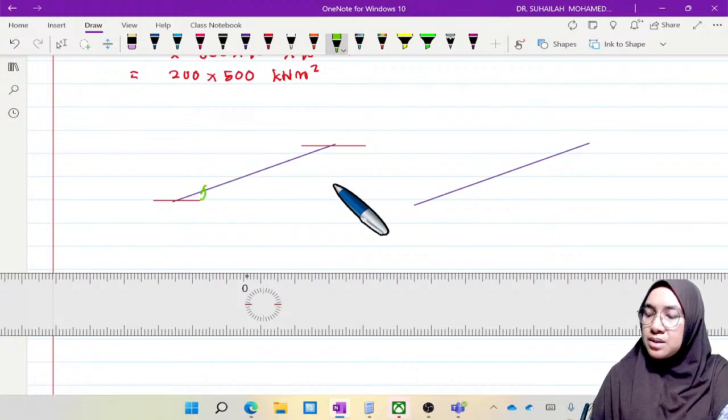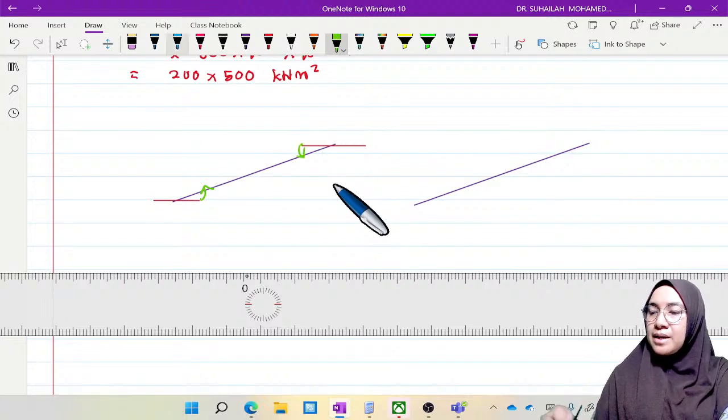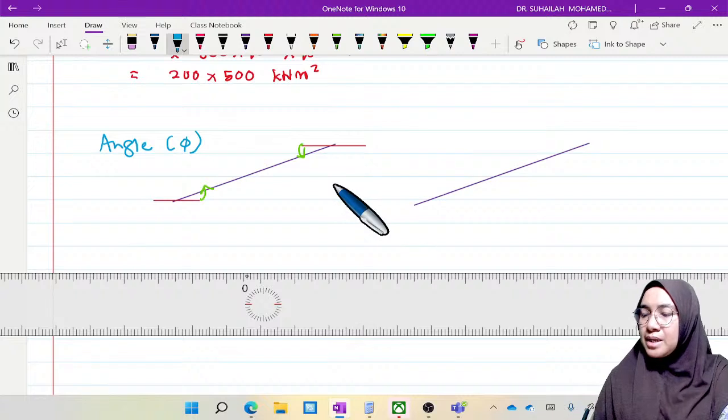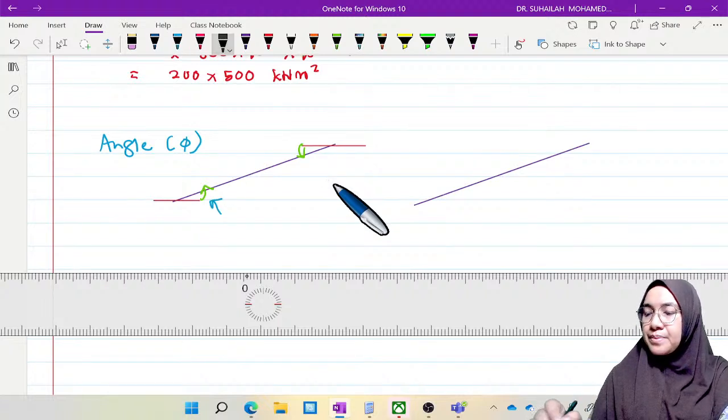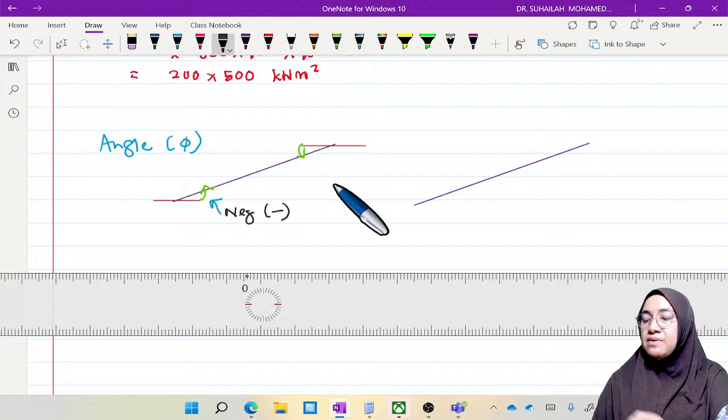So this angle, called rotation, is in the negative direction.